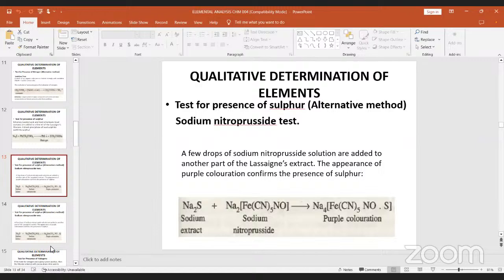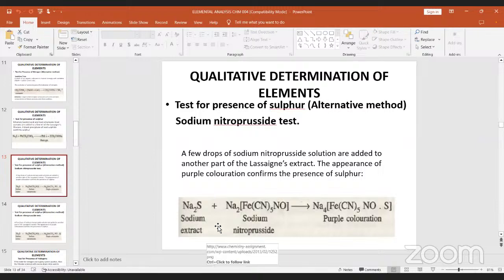So this test is just to give you an indication that yes, there's nitrogen there. To determine the amount of nitrogen is another business, which is beyond your level. But these are simple qualitative tests to determine the presence of each of those other elements.